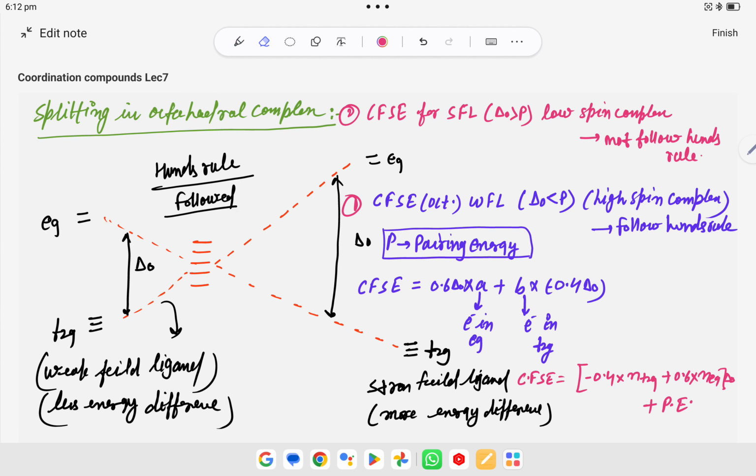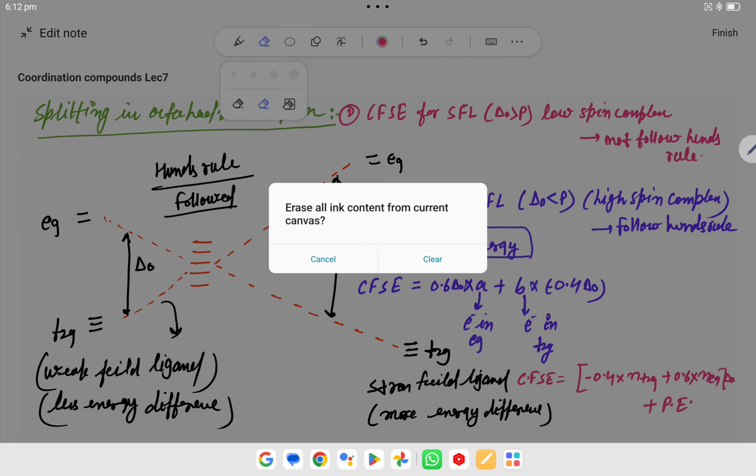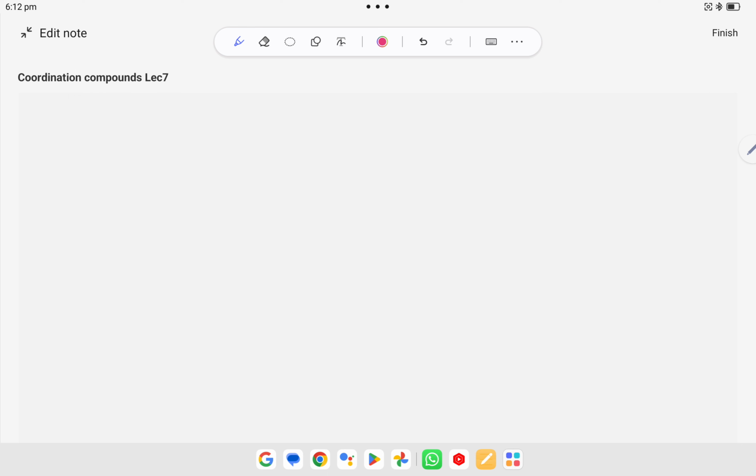Now splitting in tetrahedral complex. So what happened here?